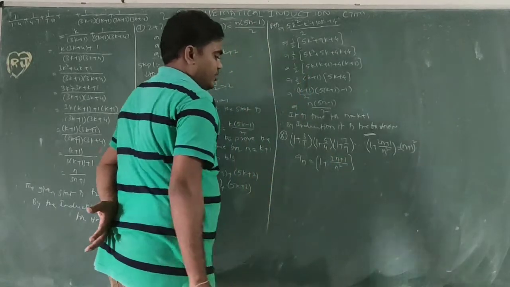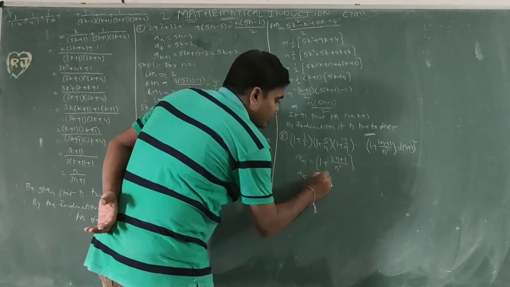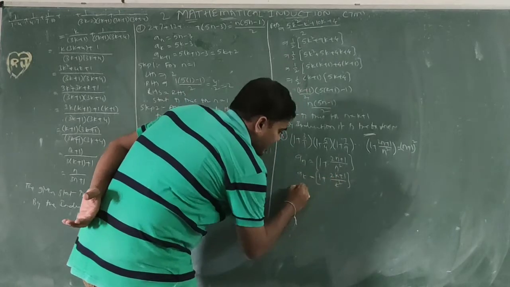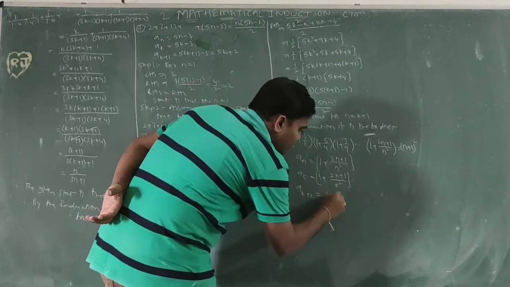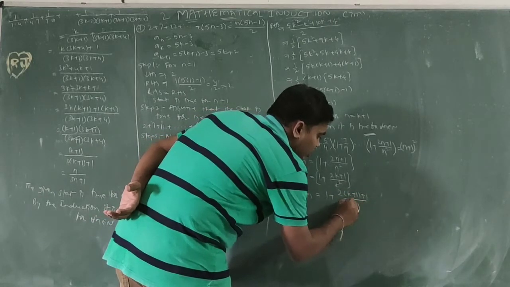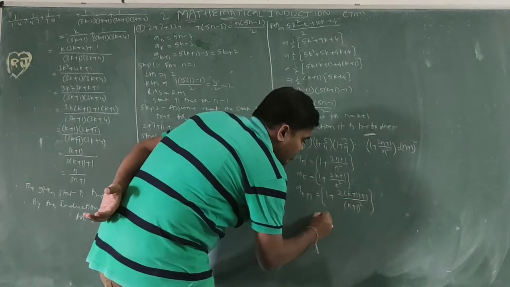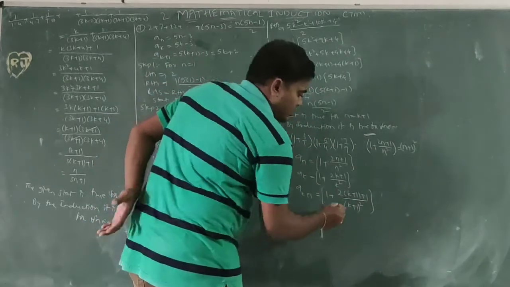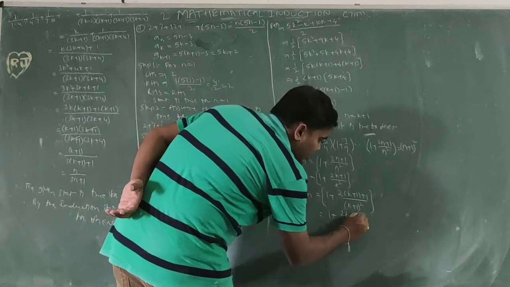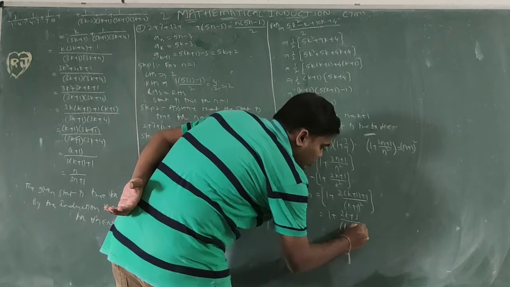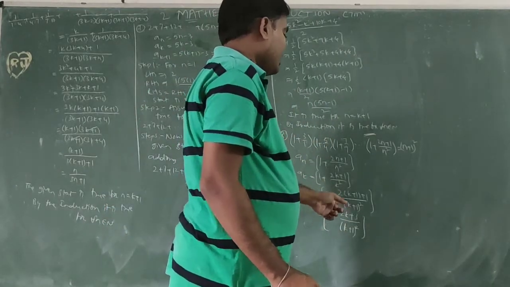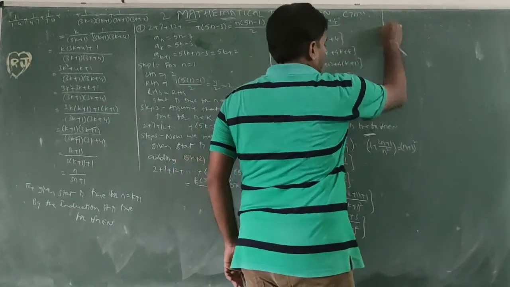This is the nth term. a k equal to 1 plus 2k plus 1 by k square. a k plus 1 equal to 1 plus 2 of k plus 1 plus 1 by k plus 1 whole square, which is equal to 1 plus 2 into k, 2k, 2 into 1, 2, plus 1, 3, by k plus 1 whole square. So we must multiply this one, since it is a product.